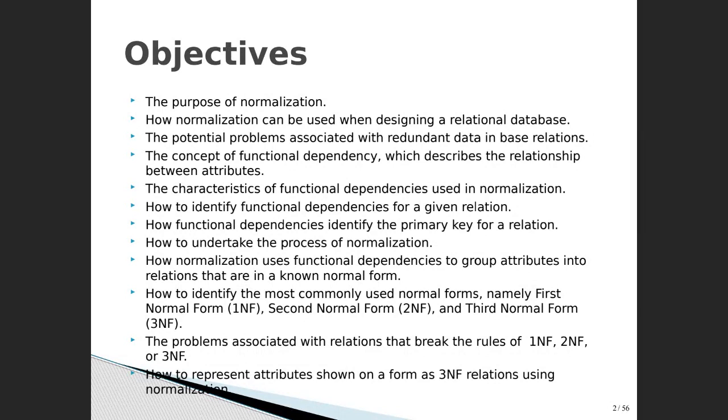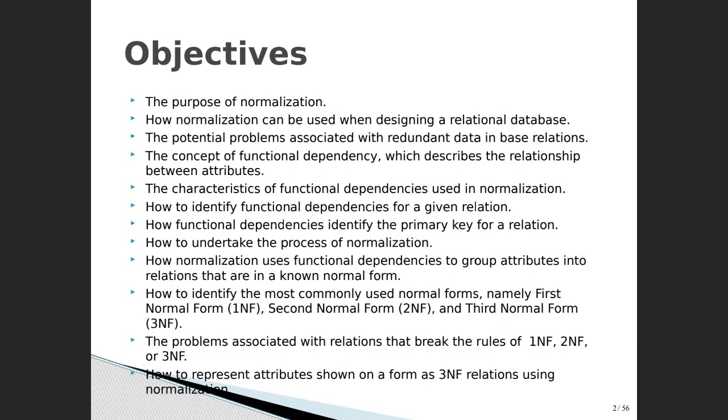And what are the problems if there is redundant data in base relations? What kind of problems can we see in relations with redundant data, repeating groups, or duplicated data? And what are functional dependencies? How can we describe the relationship between attributes using functional dependencies? Then we are going to discuss the characteristics of functional dependencies. In order to have the process of normalization, we need to determine the functional dependencies first.